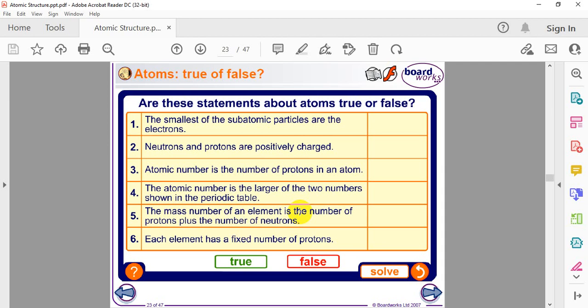Number 3. Atomic number is the number of protons in an atom. True or false? True, because proton number is the same as atomic number. Number 4. The atomic number is the larger of the two numbers shown in the periodic table. True or false? Definitely false, because the larger of the two numbers is the mass number. Compute the rest.